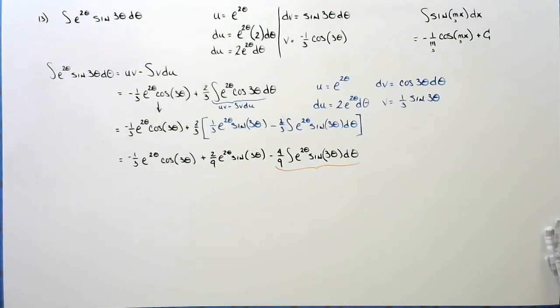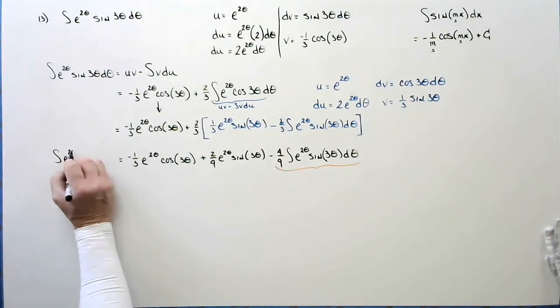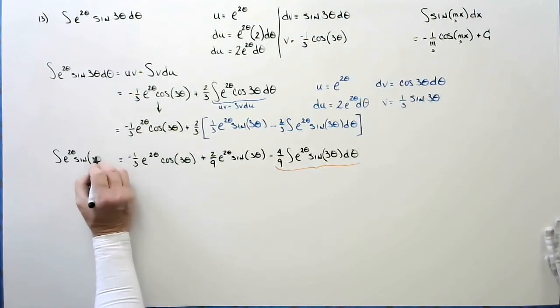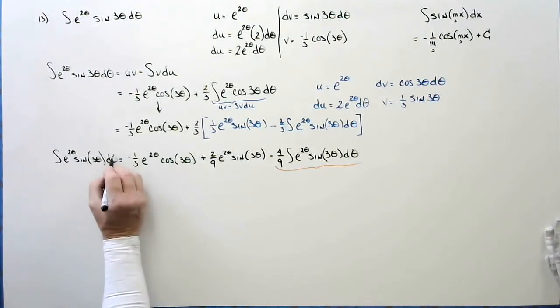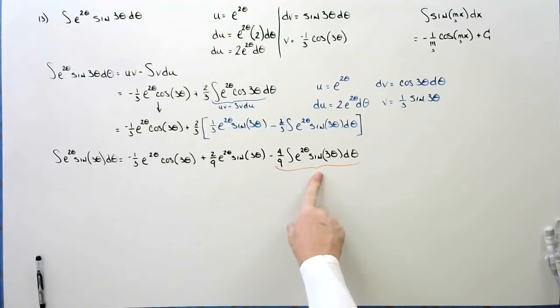We look at this and we ask ourselves, wait a minute, what am I doing here? It almost looks like I'm going in circles. Because our original problem was the integral of e to the 2 theta sine 3 theta d theta. That's exactly what we have shown back up over here on the far right-hand side.